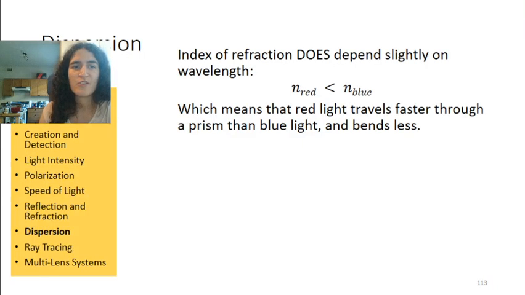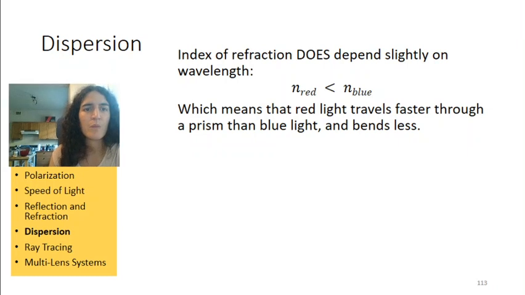this is a cute cartoon. I'll just skip through this. So we know that light travels slower through transparent media than it does in air. But what we haven't mentioned is that the index of refraction, which represents how much slower light travels, is dependent on frequency.